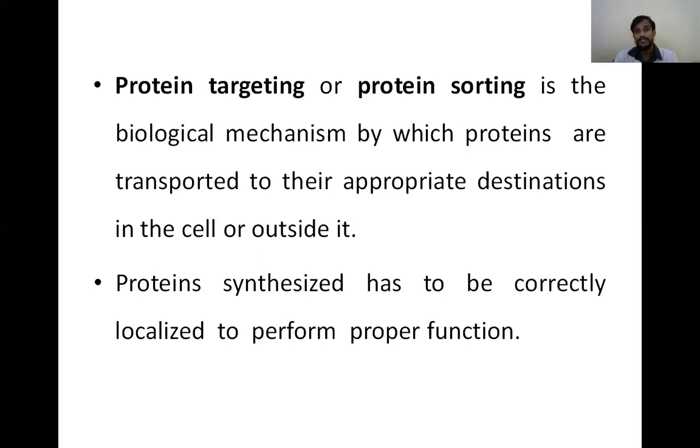All the hormones, enzymes, important biological transporters, receptors, everything is produced in the cytoplasm only. But all these proteins are transported to their target destination for performing their function. So everything produced in the cell is nothing but proteins.